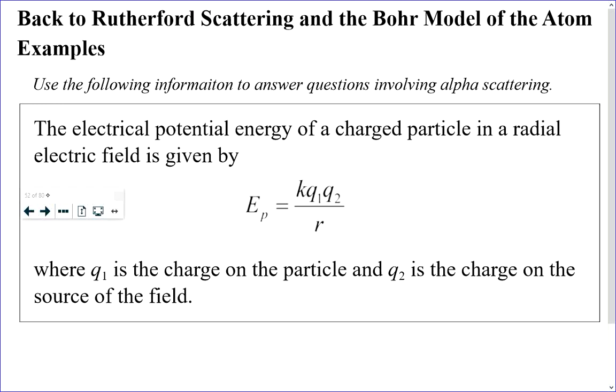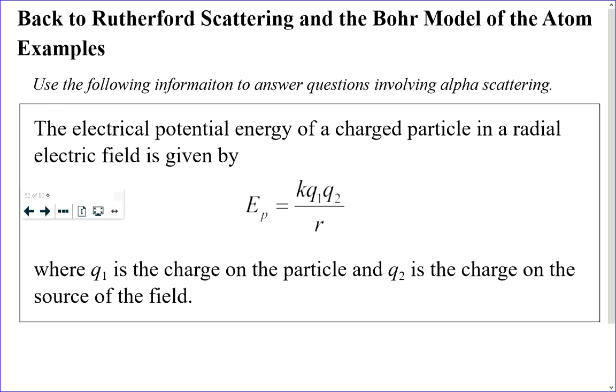The first thing that you're told here is a formula for potential energy between 2 charges. If I go back to physics 20 and talk about gravitational potential energy, we have a very tidy formula, mgh, right? I want to know the gravitational potential energy of my phone above the floor. I take its mass times the gravitational field strength times the distance between the floor and my phone.